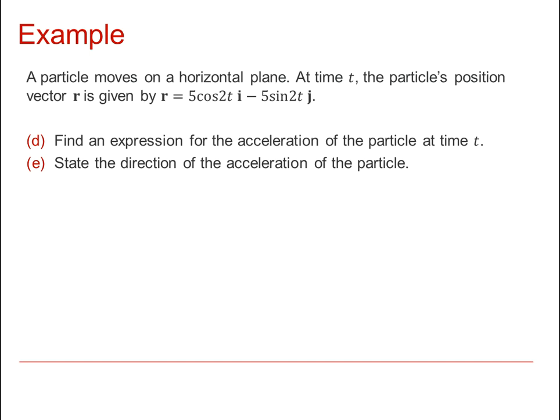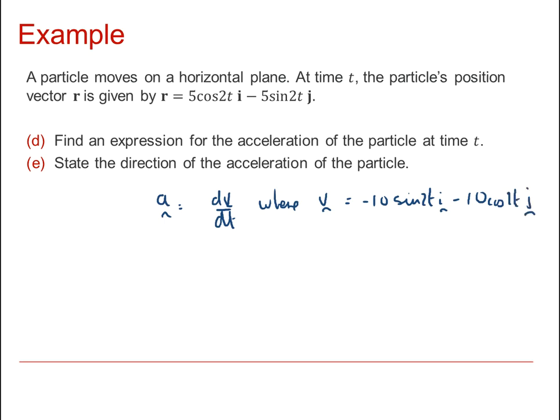Finally, we're asked to find an expression for the acceleration. The acceleration is equal to dv by dt, where v is equal to negative 10 sin 2t in the i direction and minus 10 cos 2t in the j direction.